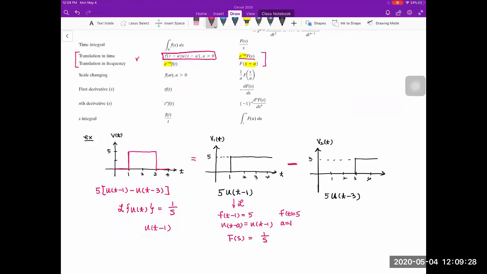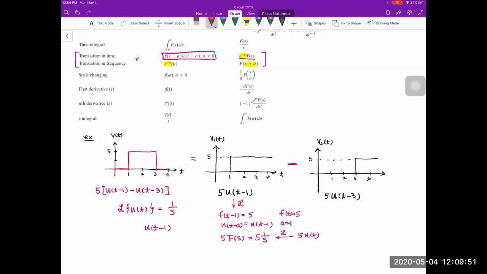That is simply the Laplace transform of u(t). And because we multiply with 5, it's going to be 5 over s. This is the Laplace transform of 5 u(t).